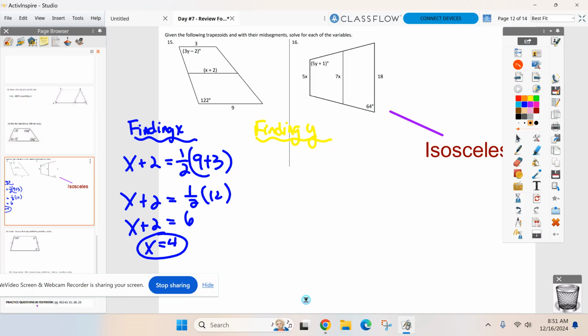And here's a little reminder. Remember, since it's a trapezoid, those are parallel, so those are a special type of angles.